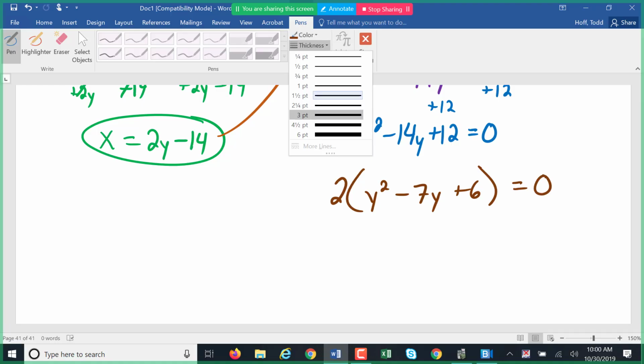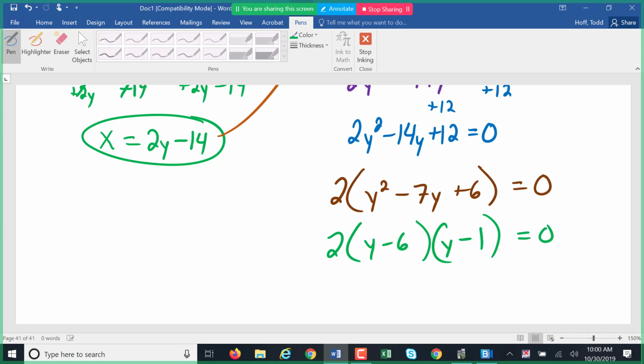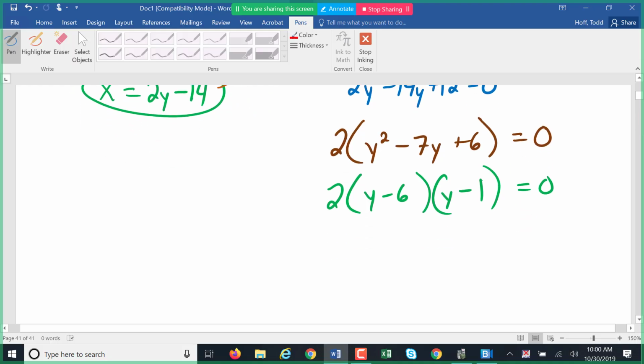And finally, I'll try to factor this trinomial here. Y squared minus 7y plus 6 factors to y minus 6 times y minus 1 equals 0. So remember, when we have factors like that equal to 0, one of the factors has to equal 0. Well, 2 cannot equal 0.